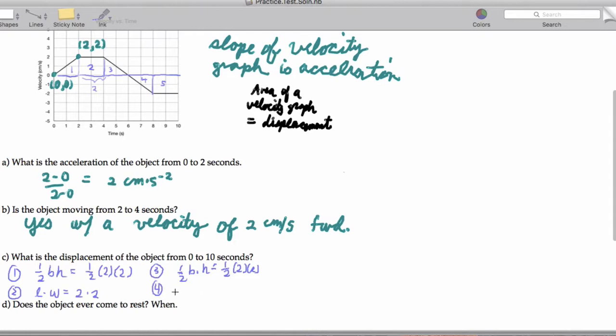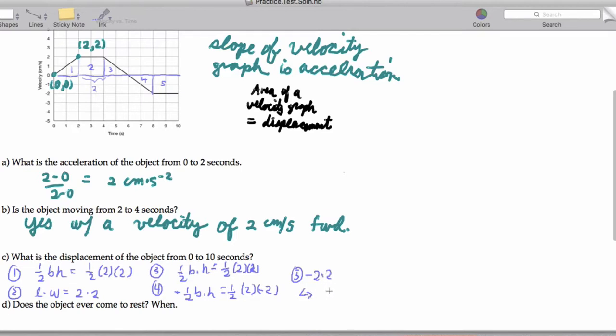It's a negative region, so that's negative 1/2 base times height. Actually, I'll just say 1/2 base times height, where it's 1/2 times 2, and it's got a height of negative 2. And then finally, region 5 has an area of negative 2 times 2 because it's a rectangle.